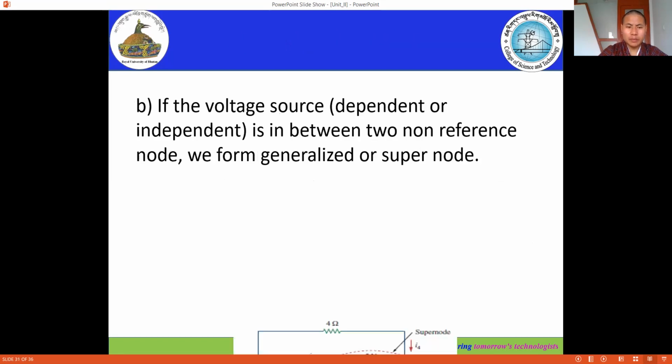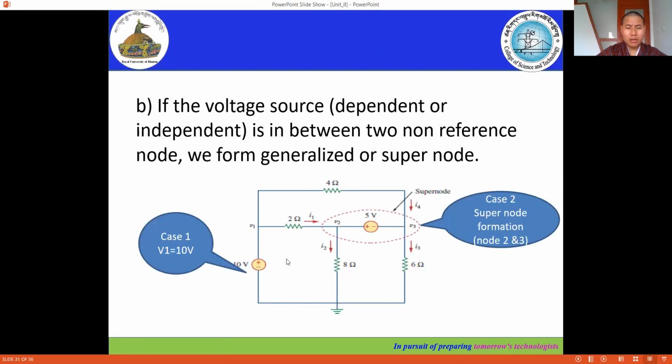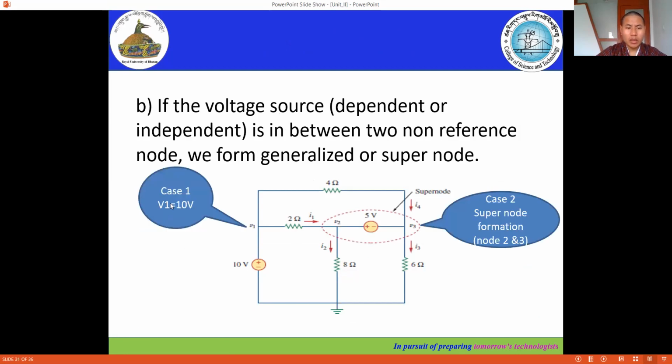For example, here in this network, we are given node voltage V1 is equal to 10 volt, because this 10 volt voltage source is in between the non-reference node and the datum node, or we simply call it ground. So we simply give V1 is equal to 10 volt.